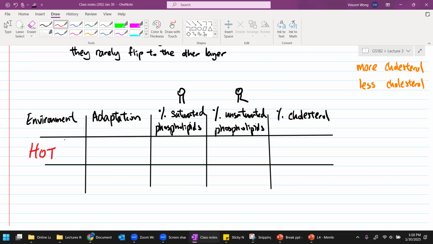We're talking about the cell membrane of a cell from a plant that is living in a hot environment. Do you want the cell membrane to be more solid or less solid? And after you choose that, in order to have that adaptation, do you want more of this or less of this? You have 2 minutes. Go.